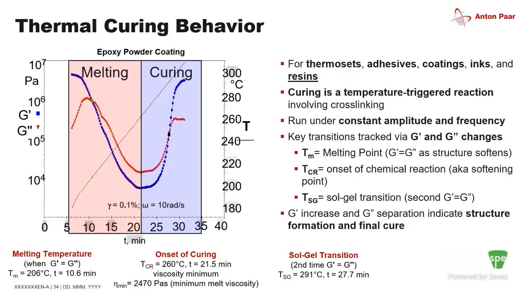Roughly at a temperature of about 260 degrees, which is seen by the green triangle, once we overcome that temperature, the material starts to cure, which is seen in the blue portion, where the viscosity or the moduli continue to increase as a function of increasing temperature.